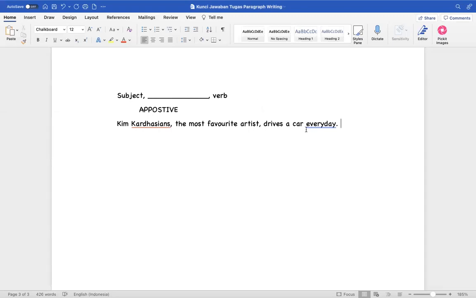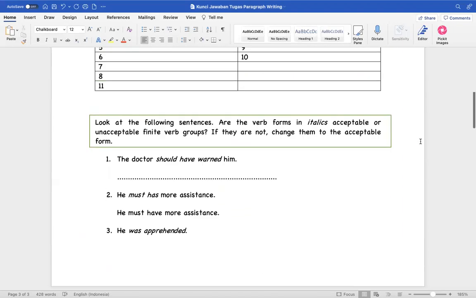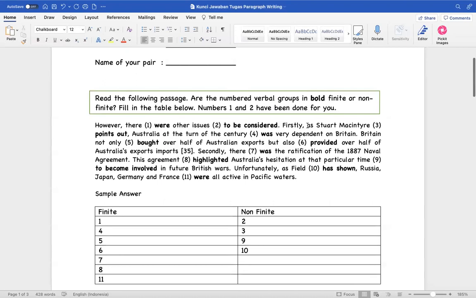Okay, so here the words the most favorite artist belong to the appositive. And then as in the sentence above, let me copy the sentence. This one: as Stuart McIntyre points out.